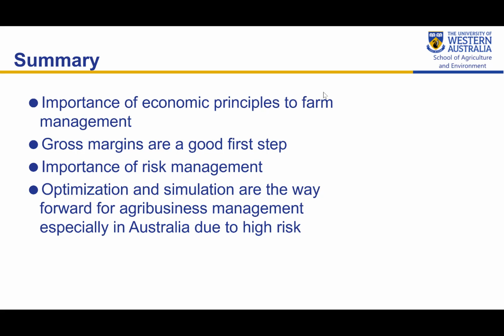But then things get a bit more complicated in topic 3 with the importance of risk management. And optimisation and simulation are the way forward for agribusiness management, especially in Australia, due to the very high risk levels that farmers face with rain-fed agriculture.